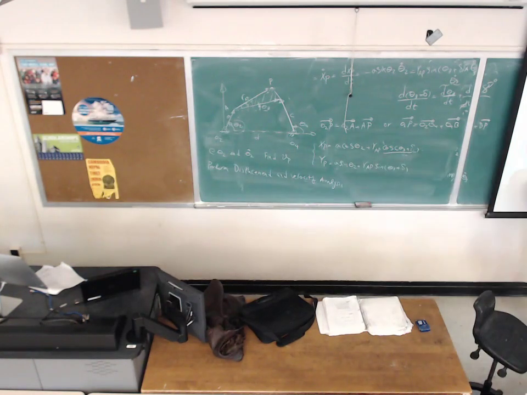In this offset slider crank, we always are given theta 2. Here in this problem, I gave you the location of a slider. I asked you to solve for the other 2 variables. So the location of a slider was given. You are solving for theta 2 and theta 3.